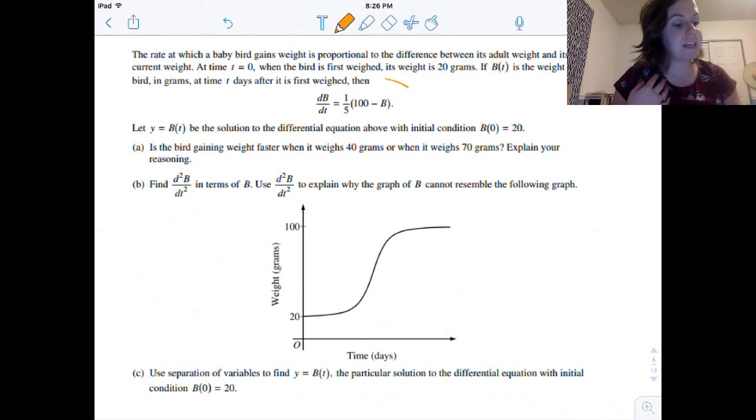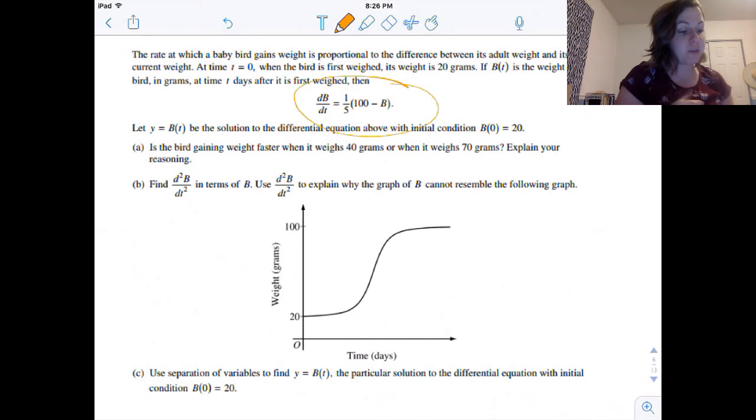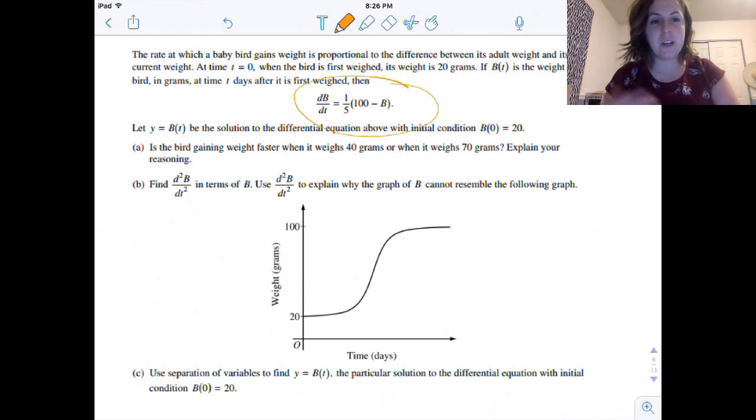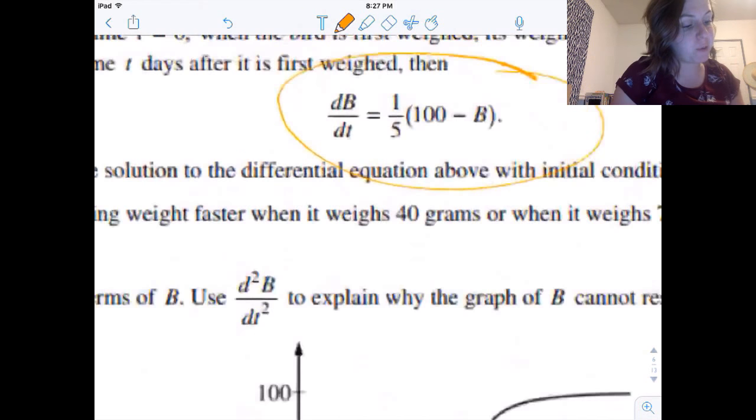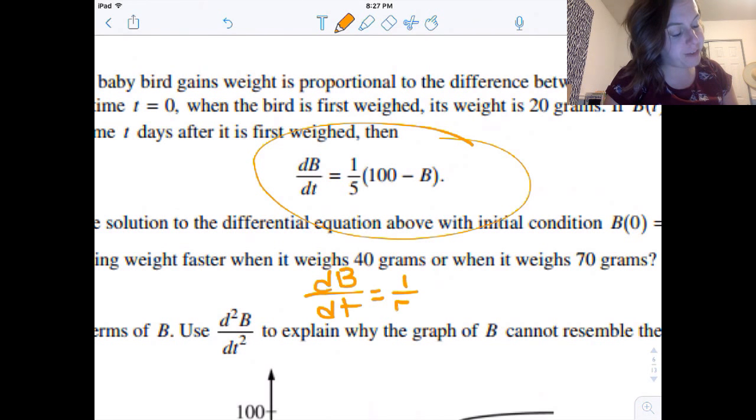So, number one, is the bird gaining weight faster when it weighs 40 grams or when it weighs 70 grams? Is it gaining weight faster? To me, that says you're looking at a rate. So, rate, derivative, right? So, that's what I'm going to start with. I'm going to say dB/dt equals 1/5 times (100 minus 40) grams. That's my first, right?